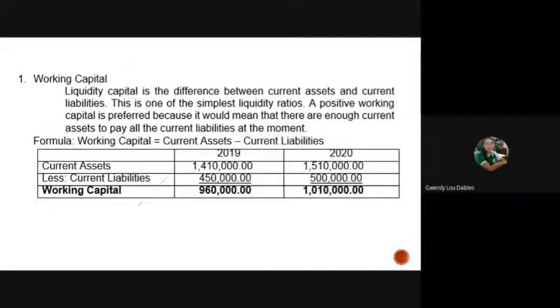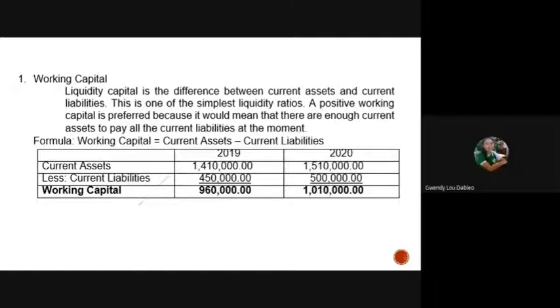Working capital is also known as liquidity capital. Kindly read the definition, David. The difference between current assets and current liabilities. This is one of the simplest liquidity ratios. A positive working capital is preferred because it would mean that there are enough current assets to pay all the current liabilities at the moment.